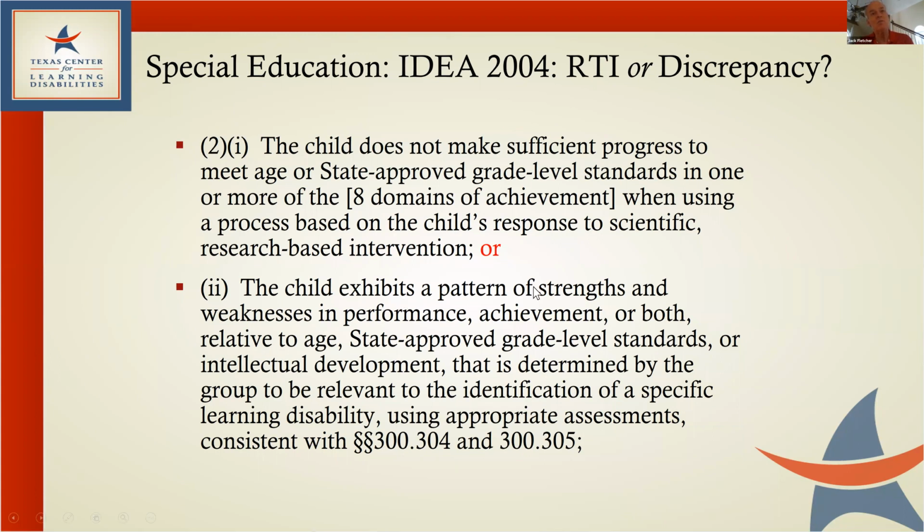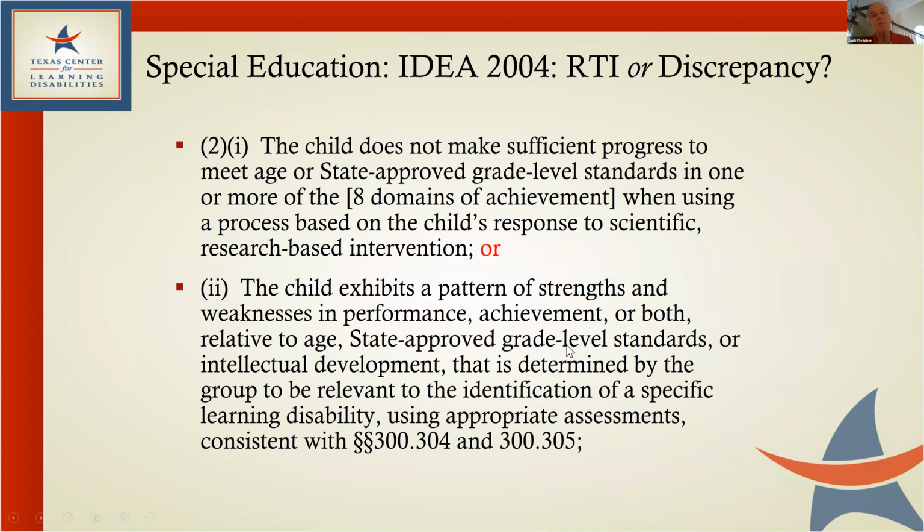The or is the child exhibits a pattern of strengths and weaknesses in performance. The grades, they're uneven in reading and math. Achievement, you can do that by grade. You can look at standardized tests or both. It can be relative to age, which is a simple low achievement definition.